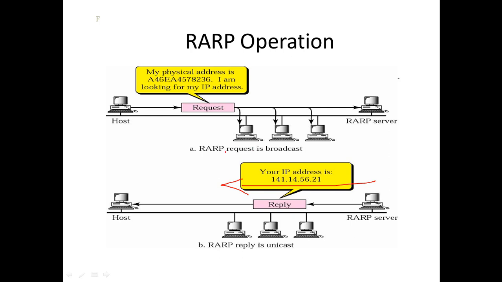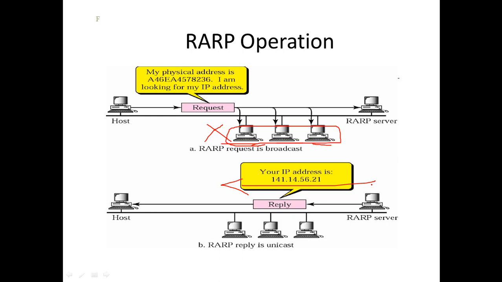All the other nodes connected to the network will discard this request, because they have no interest in providing you your IP address unless they know you personally. If they do not know you personally, they won't provide you your IP address.